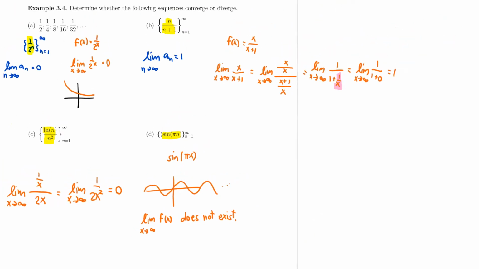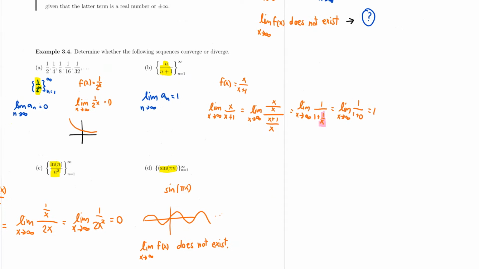So in the case that the limit of the function does not exist, I can't conclude anything about the limit of the sequence. That doesn't mean that the limit of the sequence will not exist as well. So we have to actually look at the values of the sequence.